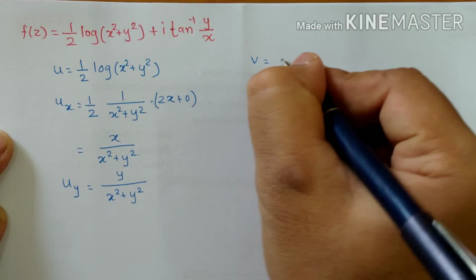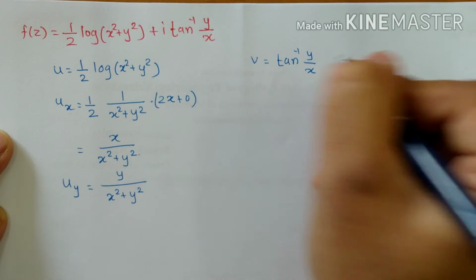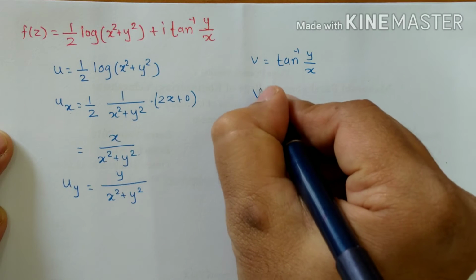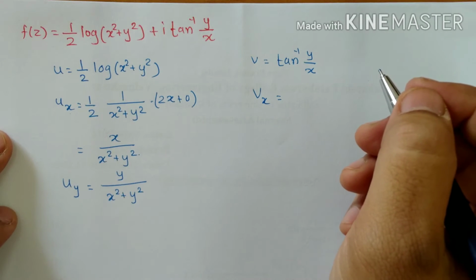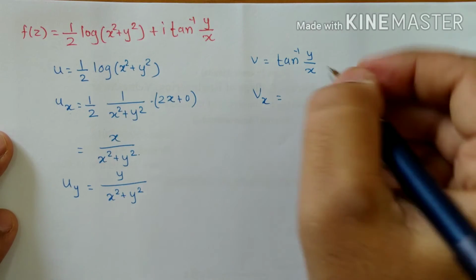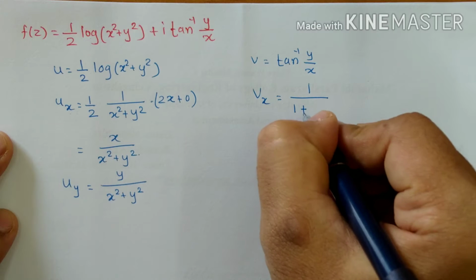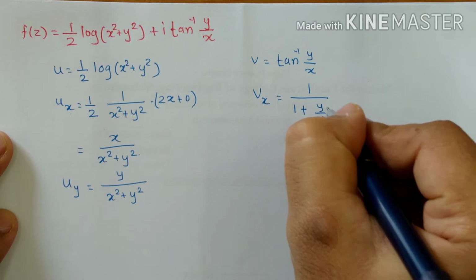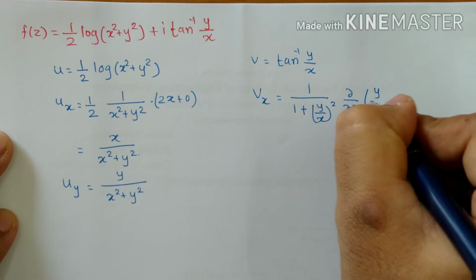Now, the function v is tan inverse of y upon x. Therefore, vx is equal to, can you tell me what is the partial derivative of v with respect to x? It is 1 upon 1 plus (y upon x) square into the partial derivative of y upon x.